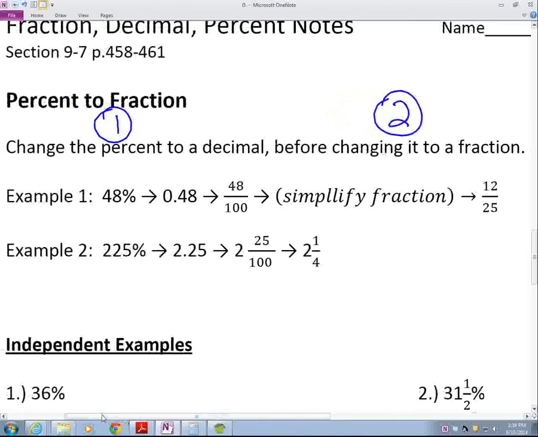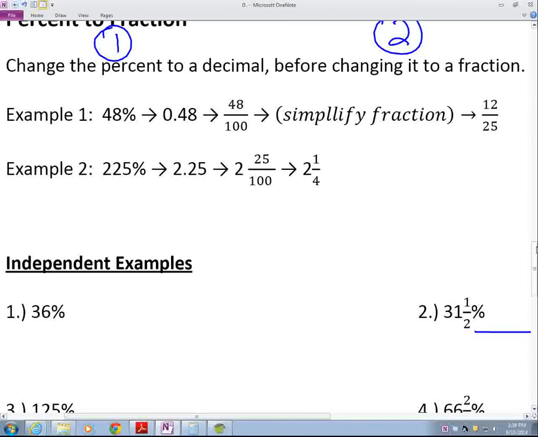For example, it says here, example 1, 48% equals 0.48, or 48 hundredths. Simplify, 12 over 25. 225% equals 2.25, or 2 and 25 hundredths, or 2 and a quarter.